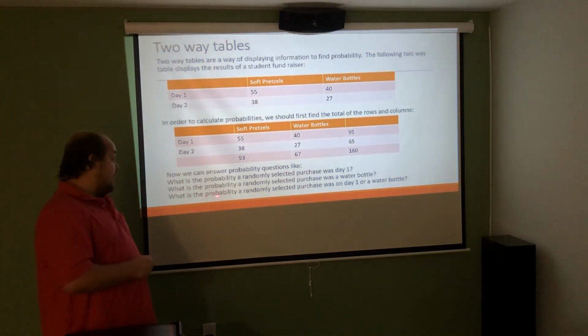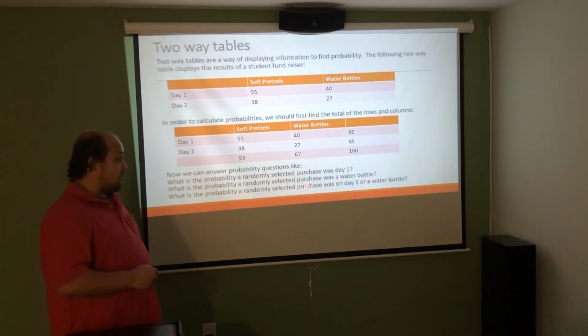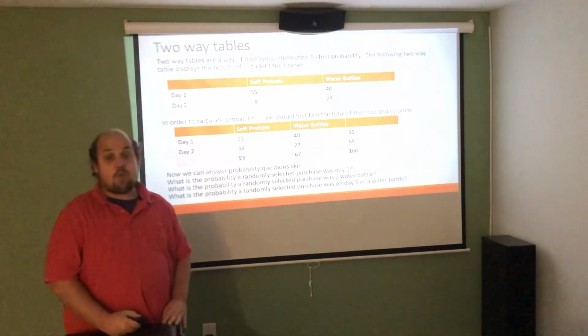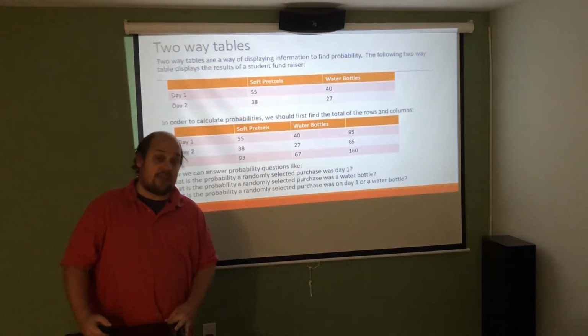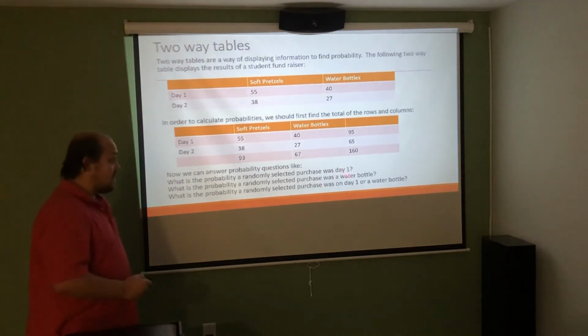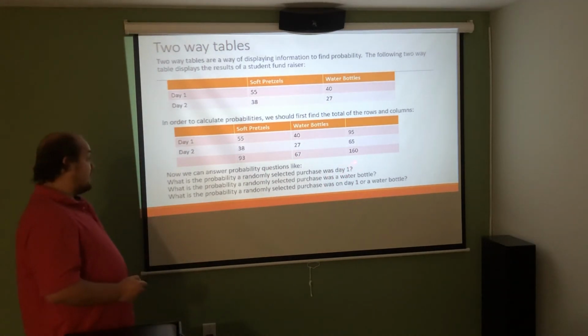Last question on this page, what's the probability a randomly selected purchase was on day 1 or a water bottle? This is going to require us to use the formula that we learned last time. So we know that the day 1 purchase was 95 out of 160. We know that the water bottle was 67 out of 160.